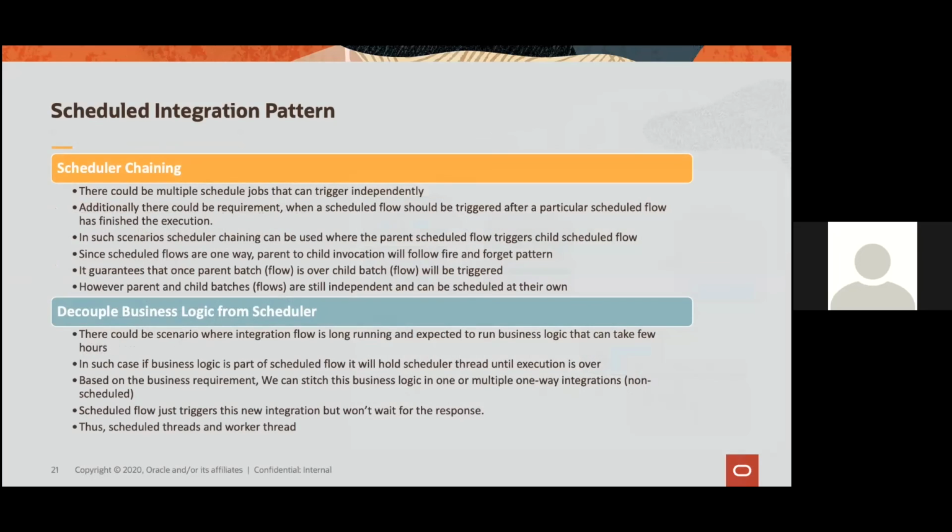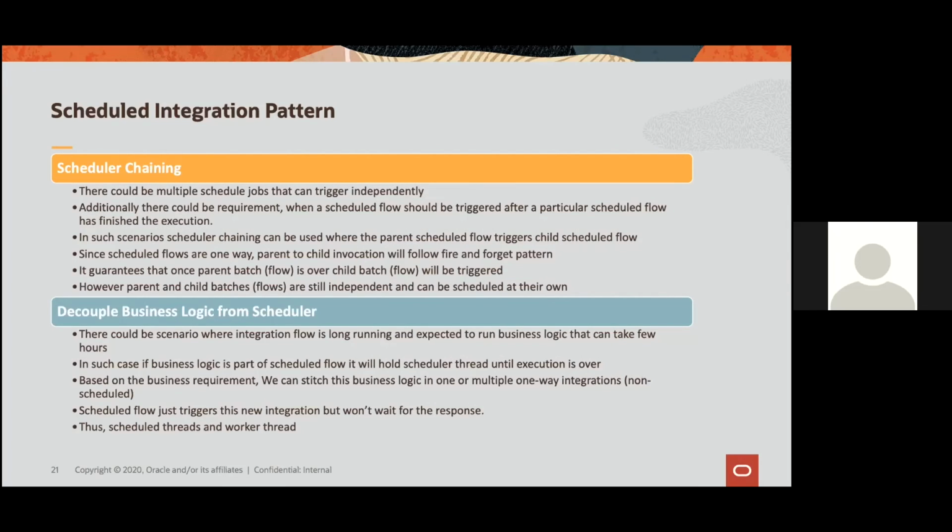The other pattern, what we have commonly come across, is a scheduler integration pattern. There are two patterns here. One, we call it scheduler chaining. This is like, if you have a parent schedule job and a child schedule job, which are consuming their independent files, but then maybe from the parent schedule job, when you consume the file, you would like to invoke the child job to pick up the file, where the child consumes the data.